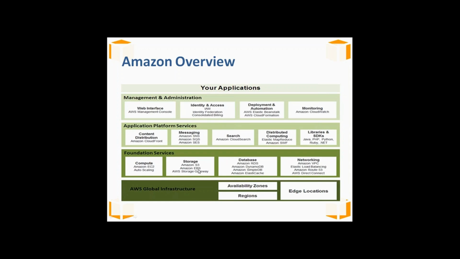EBS makes use of Amazon EC2 instances, and it is often used for databases as well as file systems. So basically, if your data is like a relational database, then you can work with this storage. The last one is Amazon Storage Gateway.